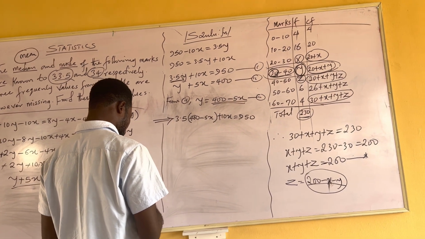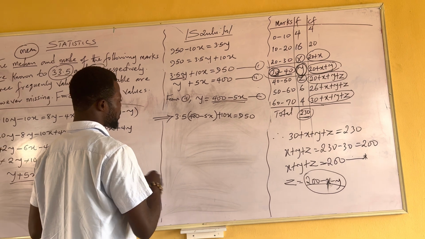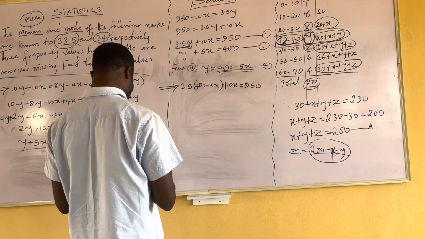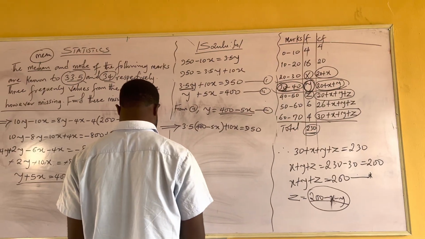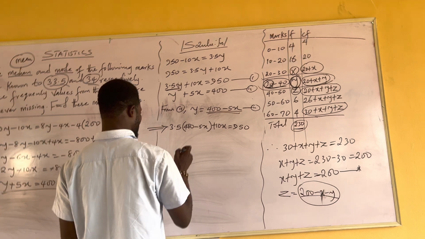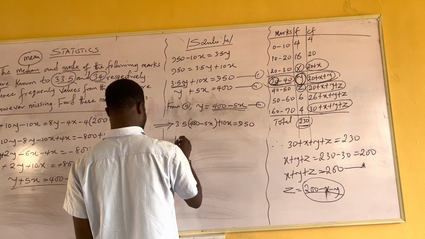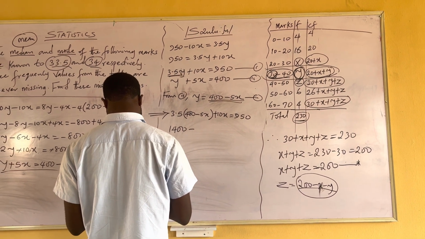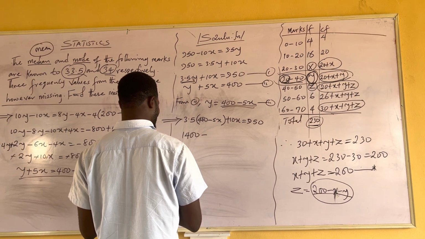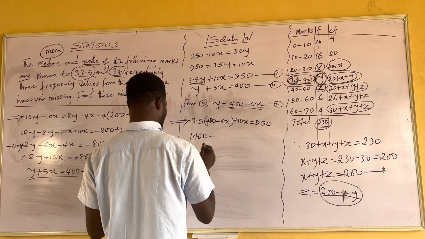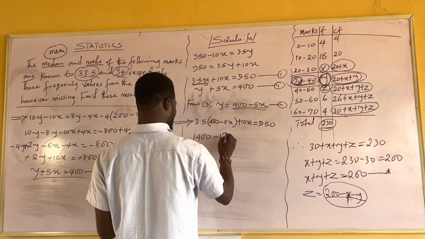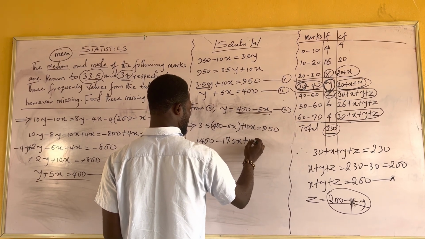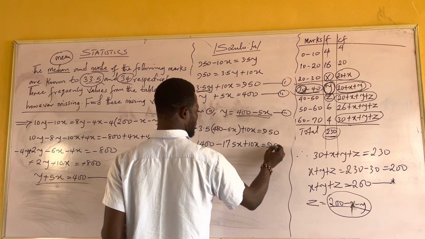The next thing now is to multiply this and this. So when you multiply 3.5 by 400, the answer will be 1,400 minus. So if you multiply this by 5, this one will be 17.5x, then plus 10x equal to 950.